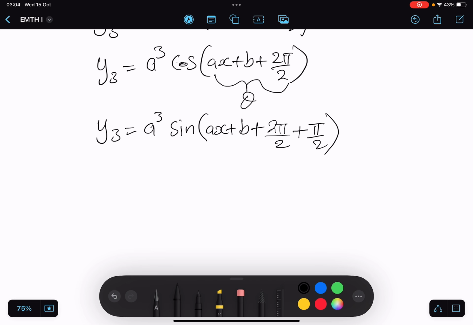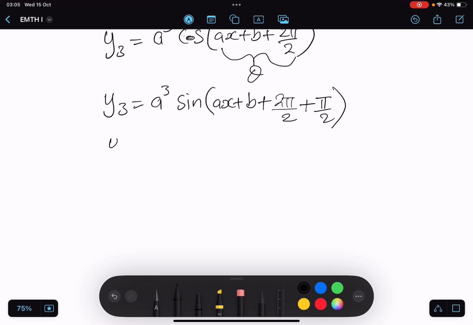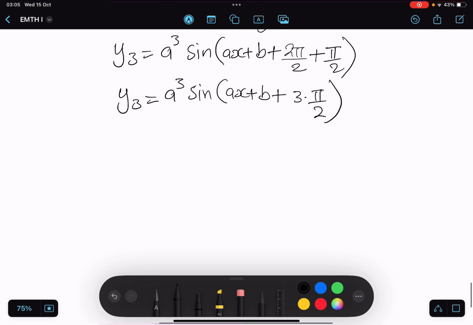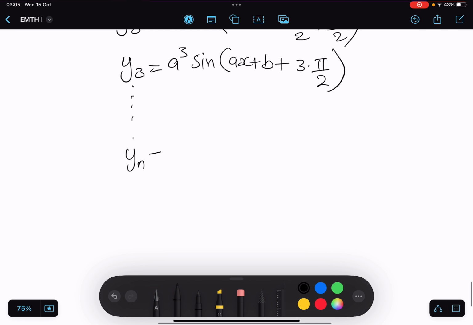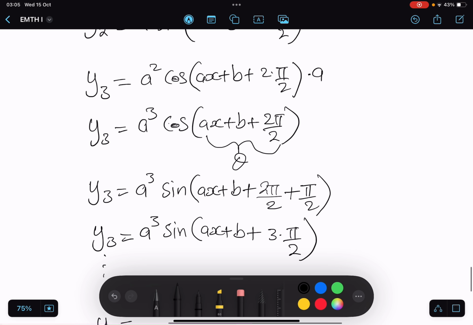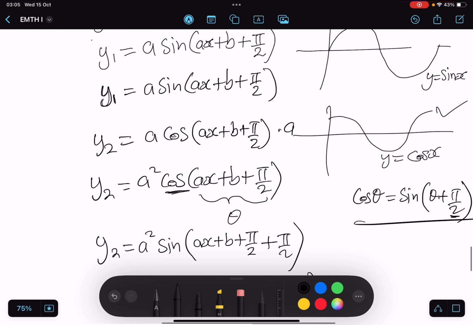So now we are here. We can simplify this to y3 is equal to a cubed sine ax plus b plus, if you combine this, you're going to get 3 times pi over 2, isn't it? So now I want us to see the pattern. For the first derivative, the power of a is 1, and here you have 1.